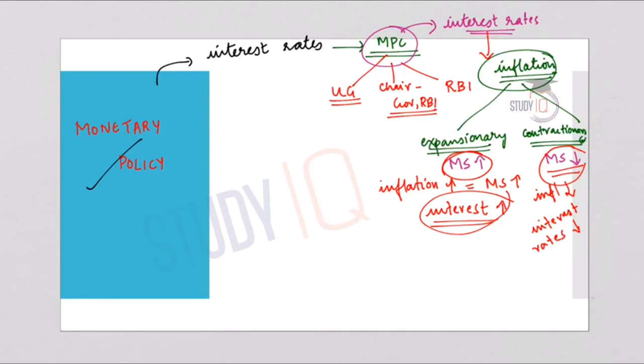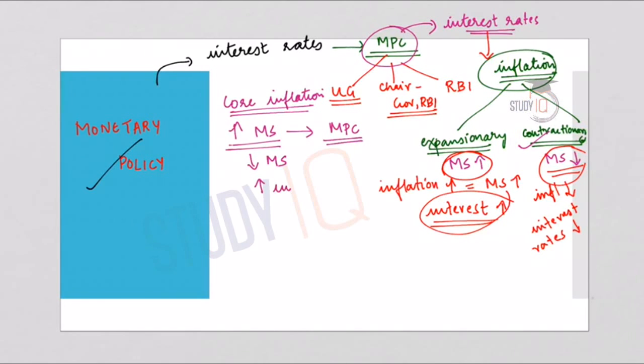Now, we have seen that with the budget announcements, there is a chance of an increase in the core inflation rates. That is, there are chances of increasing the money supply in the economy. So essentially, the Monetary Policy Committee would adopt contractionary monetary policies, where it will try to decrease the money supply by increasing the interest rates. So what can be the impact? The interest rates in the economy will go up.